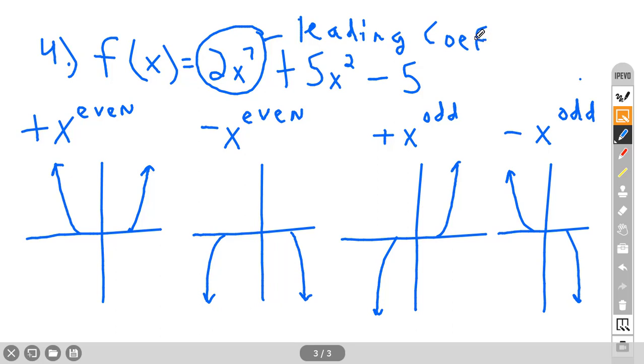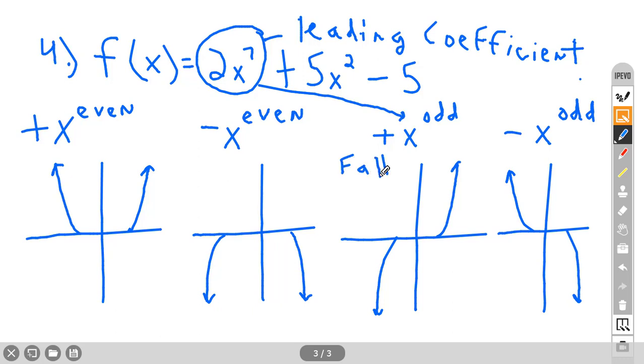So since this leading coefficient matches 2x to the 7th, it's going to match this positive x to the odd. And so that means that the left side is going to be going down and the right side is going to be going up.